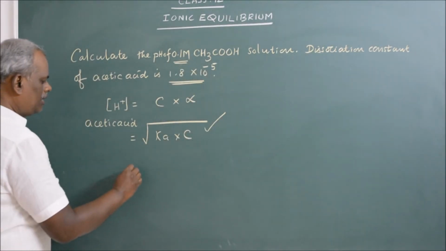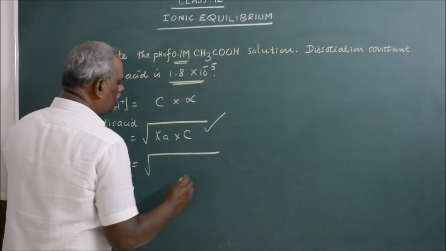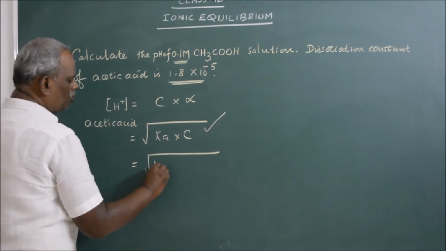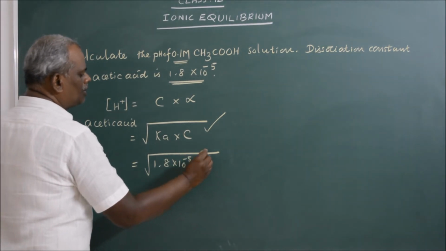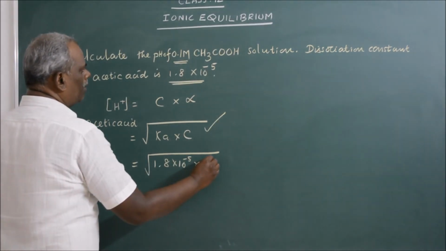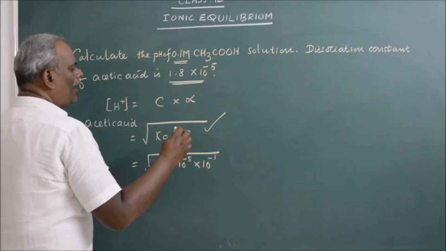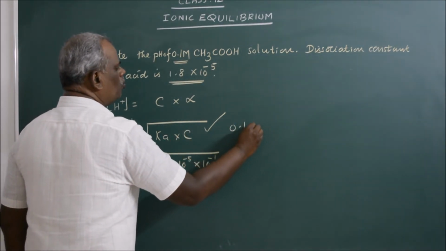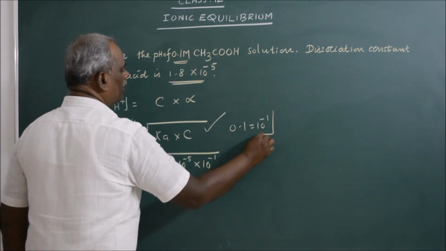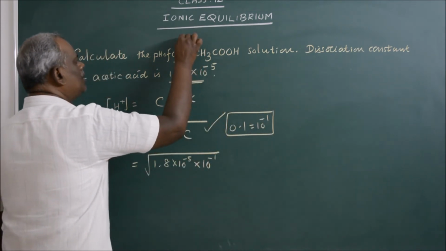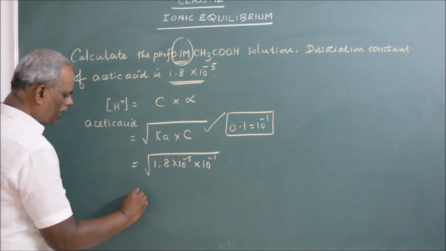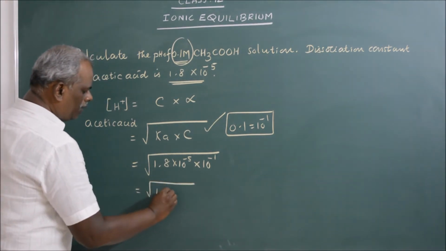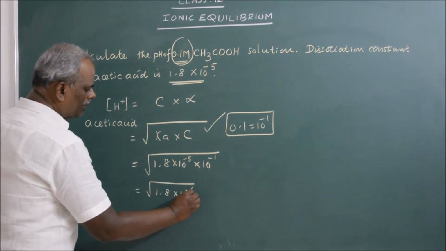So this is equal to the square root of Ka, given as 1.8 into 10 power minus 5, and the concentration is 10 power minus 1. Why am I writing like this? Because 0.1 is nothing but 10 power minus 1. The concentration is given as 0.1 M. So if you multiply these two, you get 1.8 into 10 power minus 6.